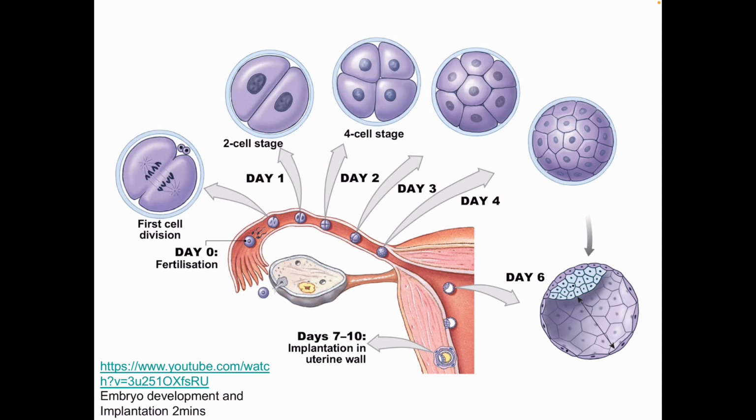Fertilisation will take place in the very top part of the oviduct. And then the zygote will divide and divide and divide, doubling the number of cells with each division until it implants in the uterus around 7 to 10 days after fertilisation.